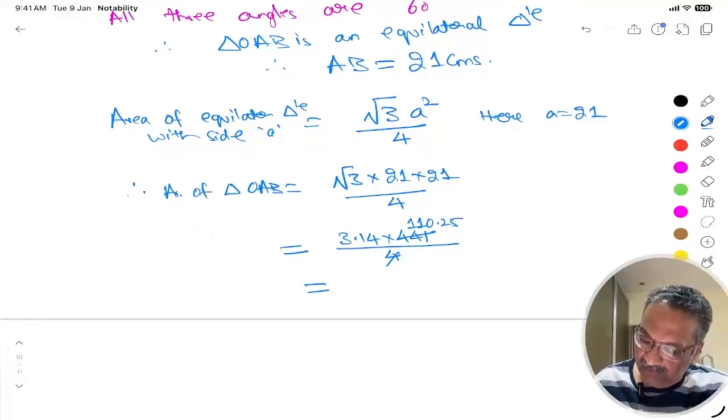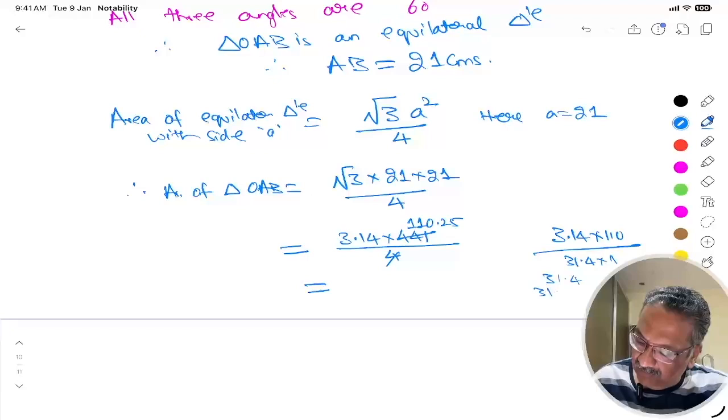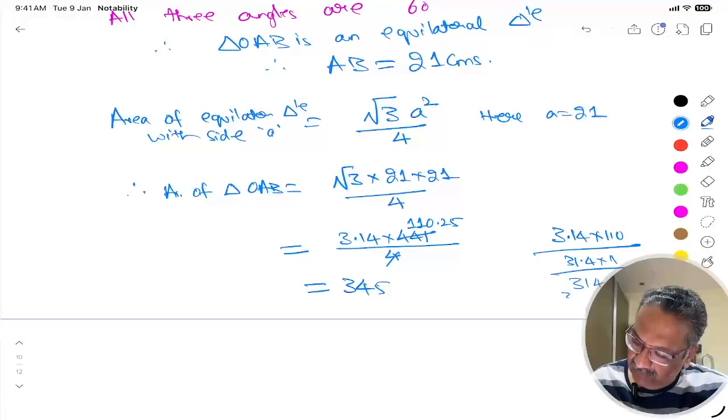So this is approximately 110, and 3.14 into 110 will be 31.4 into 11. So 31.4 into 11 gives 345.4.